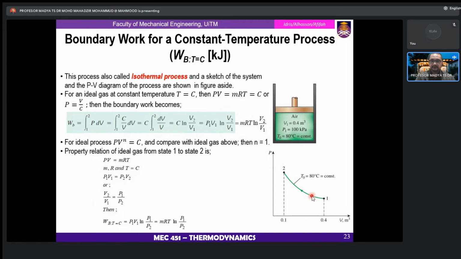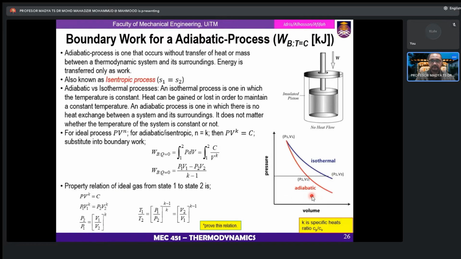Process number 4 is the adiabatic process. An adiabatic process is one that occurs without transfer of heat or mass between the thermodynamic system and its surroundings. So energy is transferred only as work.